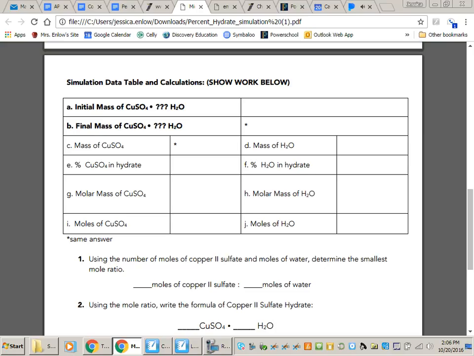You're going to put your copper 2 sulfate mass over the copper 2 sulfate question mark water. But this data you have is from your data, not from calculation of Cu plus sulfur plus 4 oxygens. It's from your data. You with me so far? That's how you get your percent copper 2 sulfate in this hydrate itself.